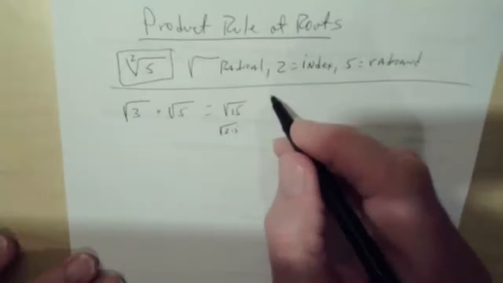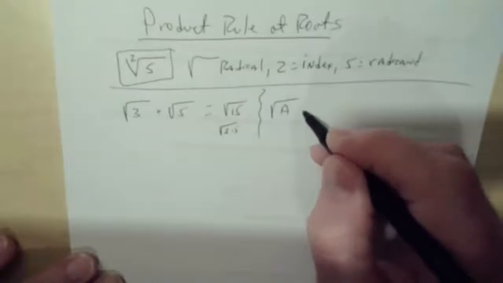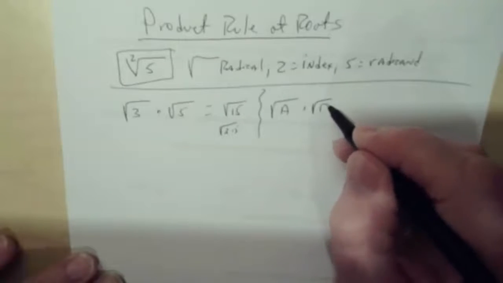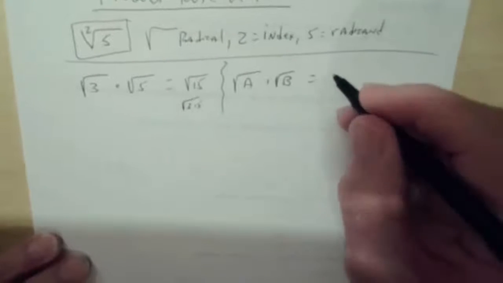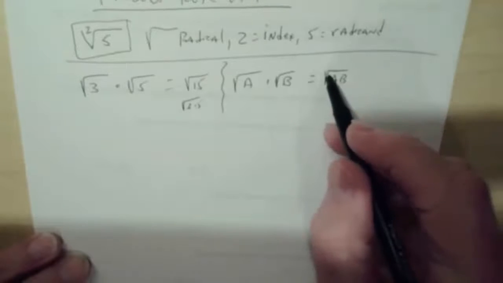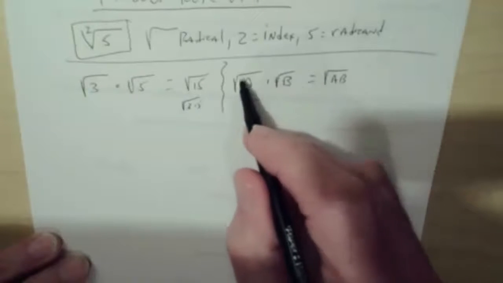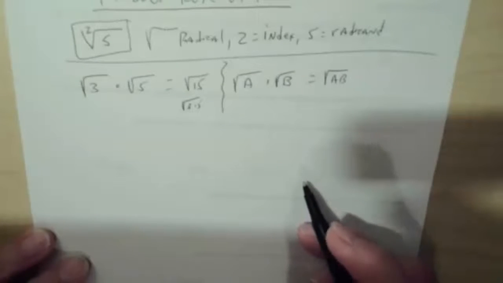And if we have the square root of a times the square root of b, this is the square root of ab. And again, when there's no index in here, it's assumed to be a 2, or the square root of.